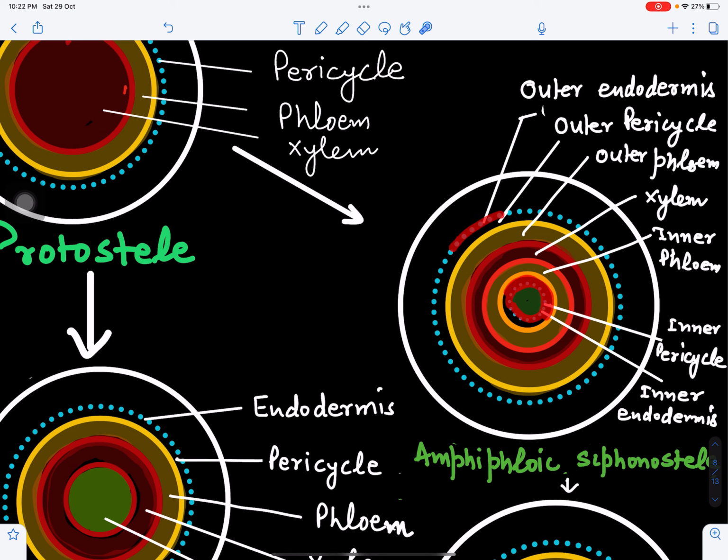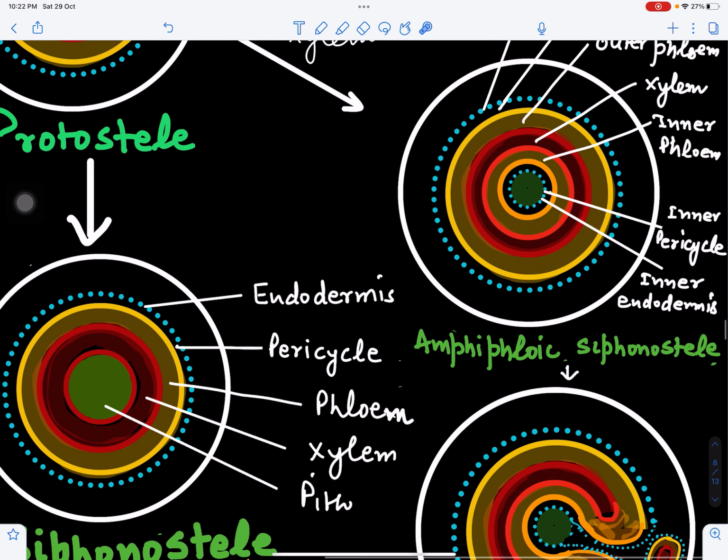This is outer endodermis and this is outer pericycle, and this is outer phloem, this is inner phloem, and in the center is xylem. So xylem is surrounded on both the sides by phloem. From the outer side this is outer phloem, and from the inner side this is called as inner phloem. So this is called as amphiphloic siphonostele. So this category is amphiphloic siphonostele.